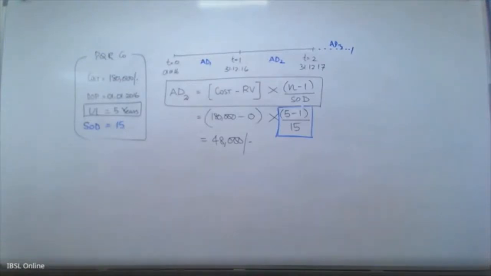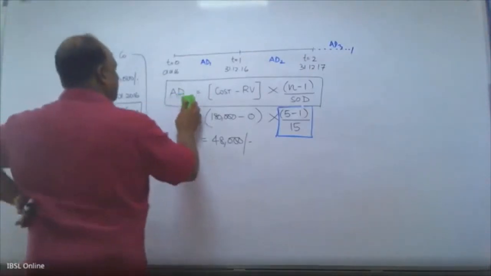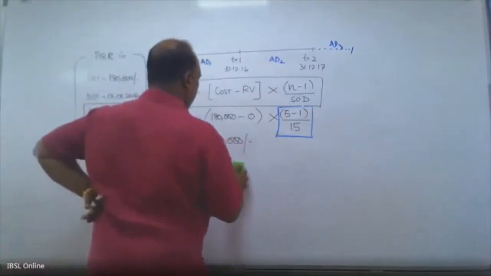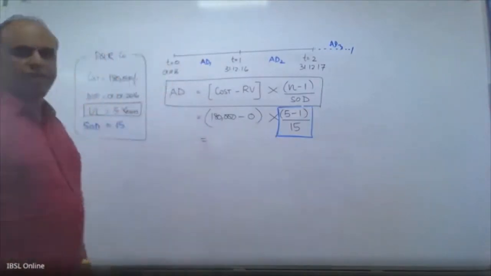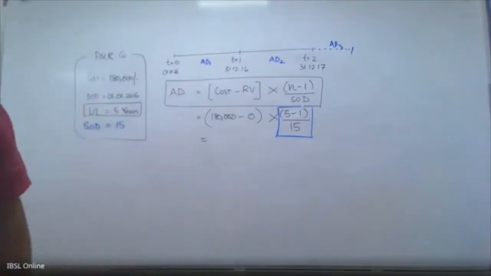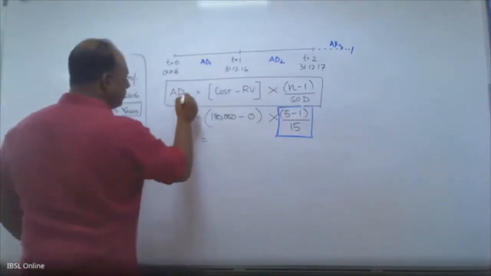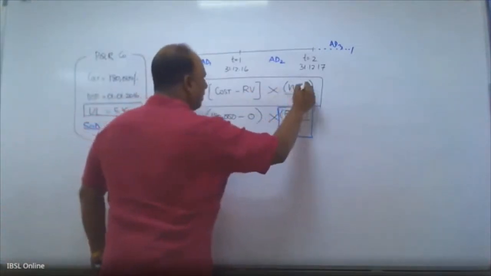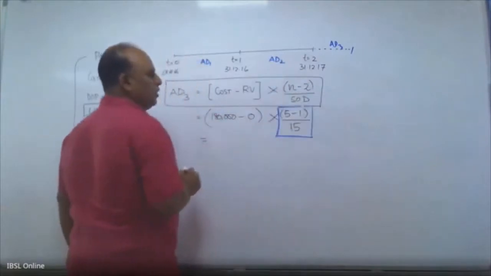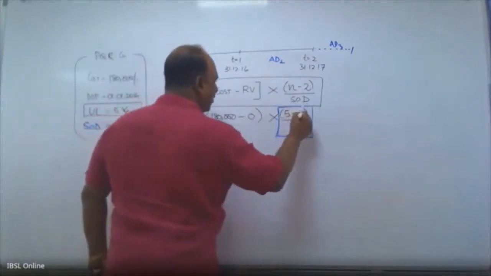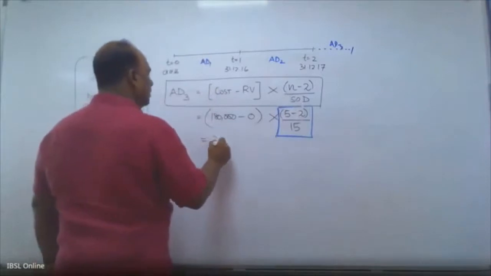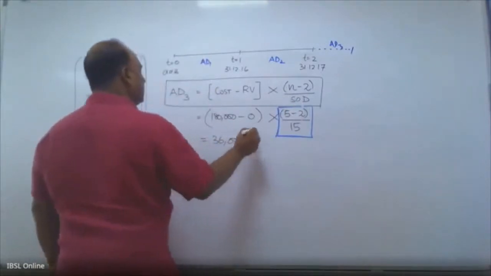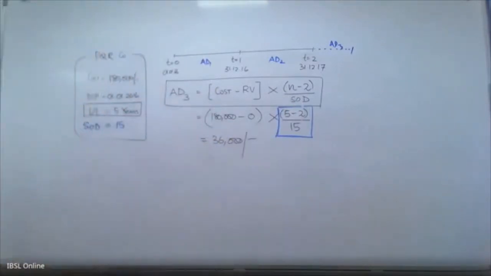So AD3 means this will be not n minus 1 but n minus 2. If it is n minus 2, this is 5 minus 2. So you should get an answer of 36,000.